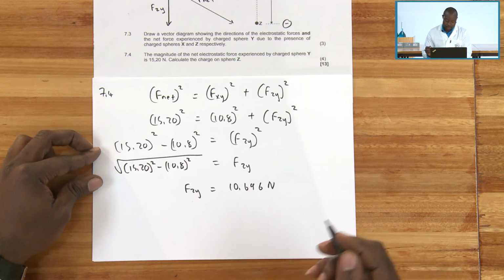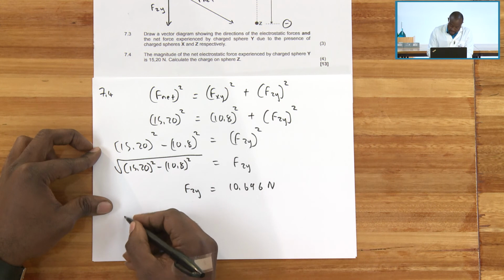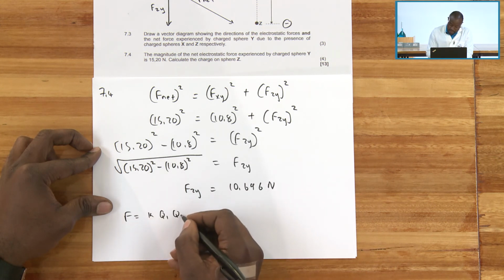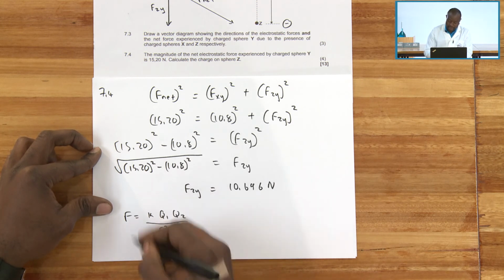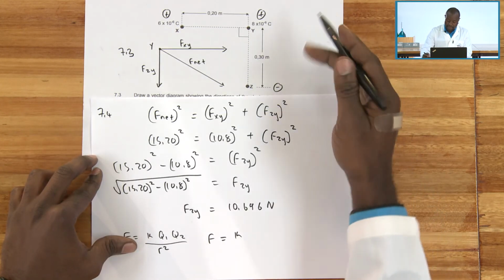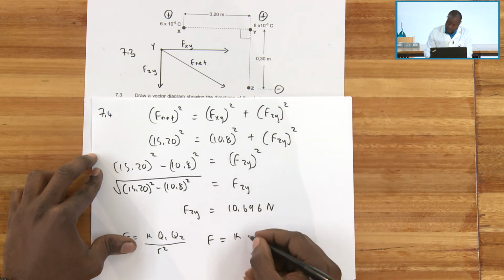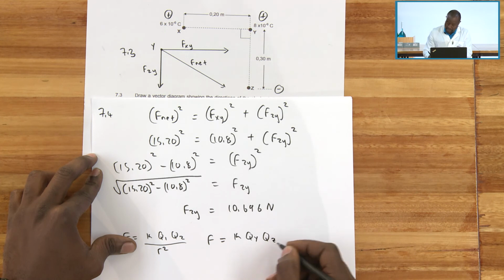Right? So we come back to our original formula for force, which says that F is equal to K Q1 Q2 over R squared. And I'm just going to rewrite this and say F is equal to K. In this case, we're interested in the charge QY and the charge QZ, which is Z, over R squared.